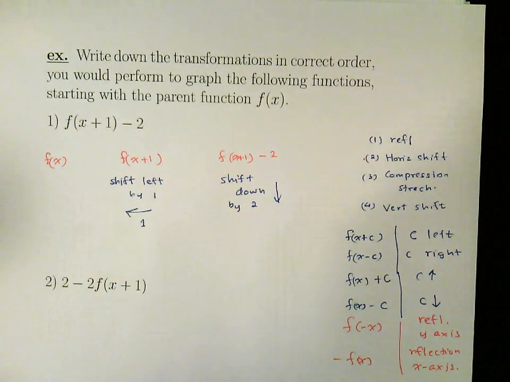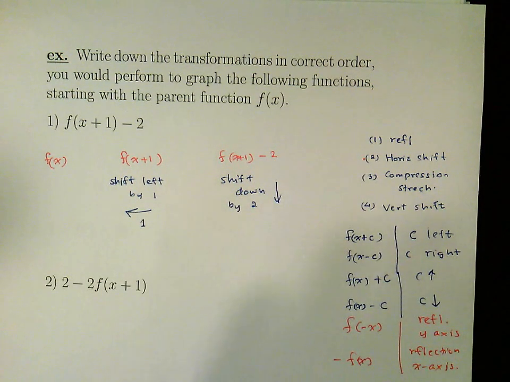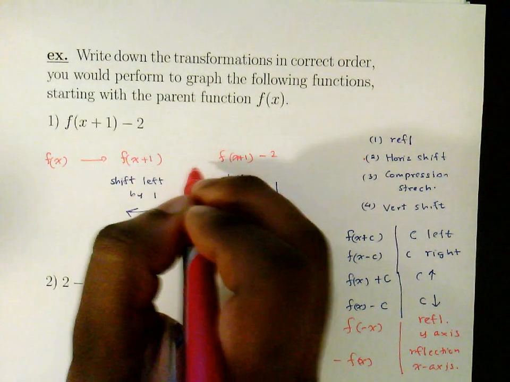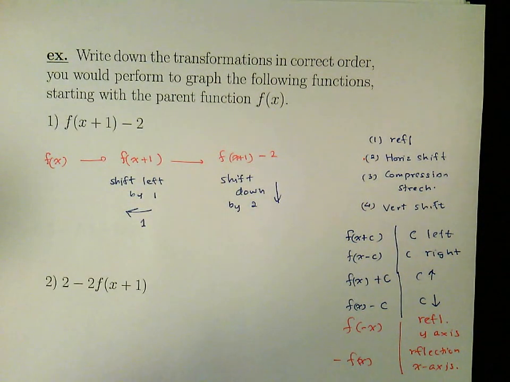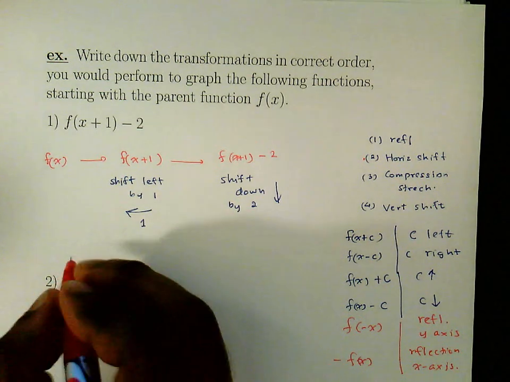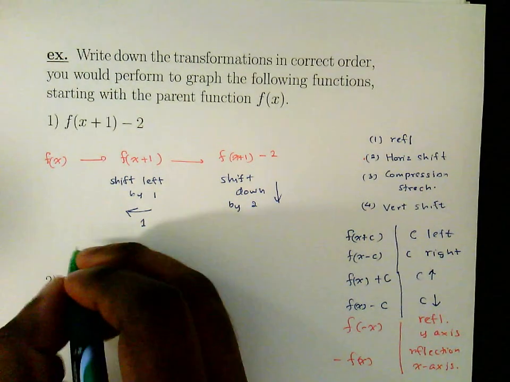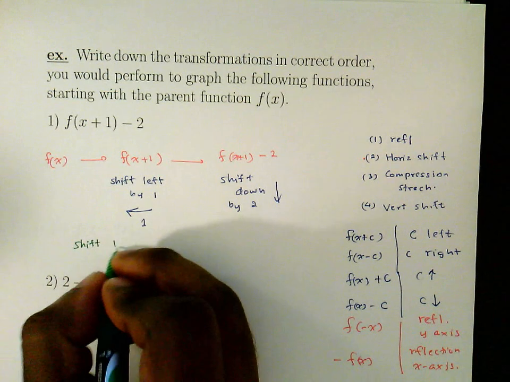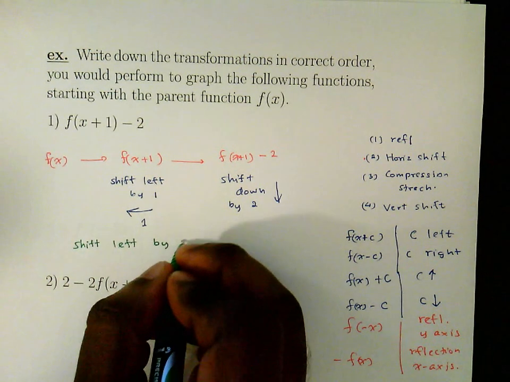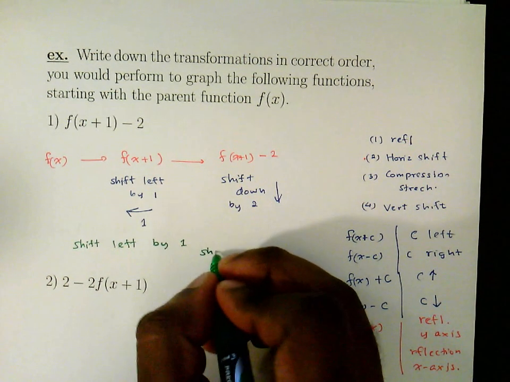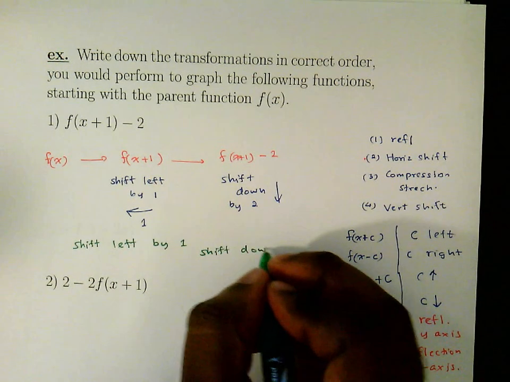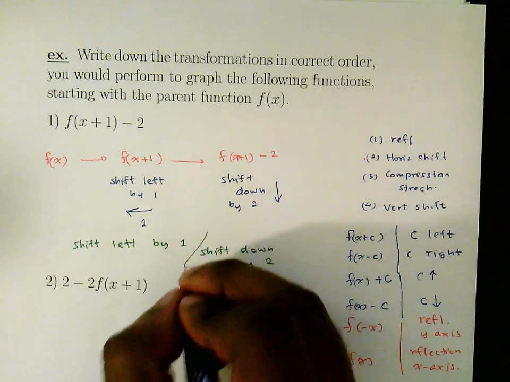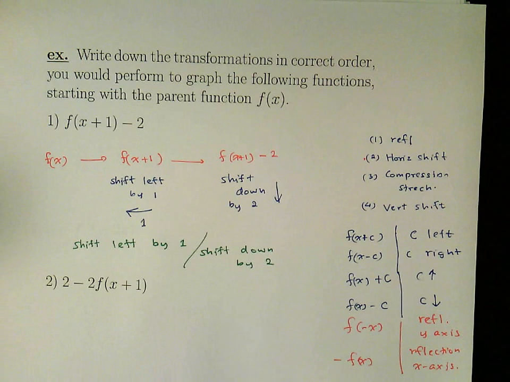So when it's outside, it's very obvious which way we are moving. When it's inside, you need to know how it moves. x plus 1 moves to the left, x minus 1 moves to the right. So these are the set of transformations. So you shift left by 1, shift down by 2. Let me just write down what the final answer is. Shift left by 1 and shift down by 2.